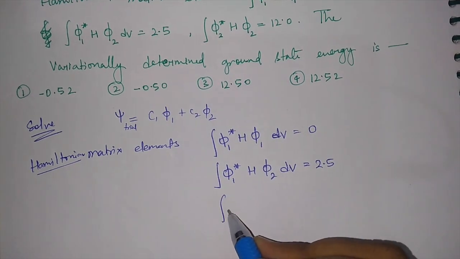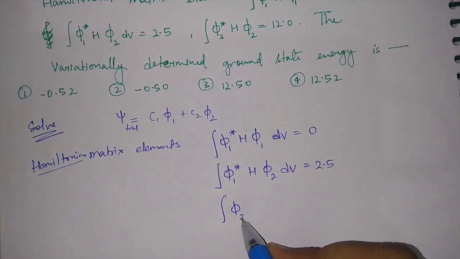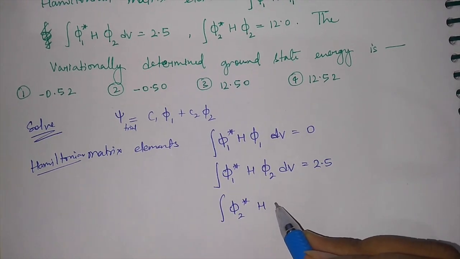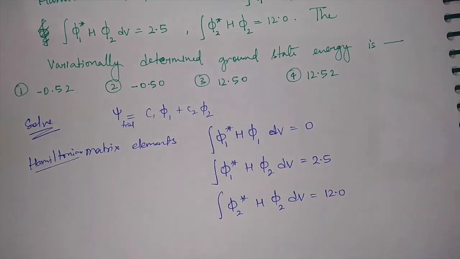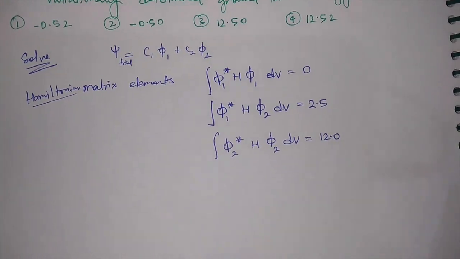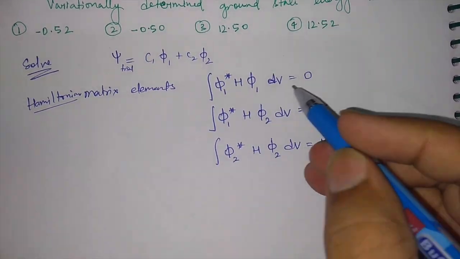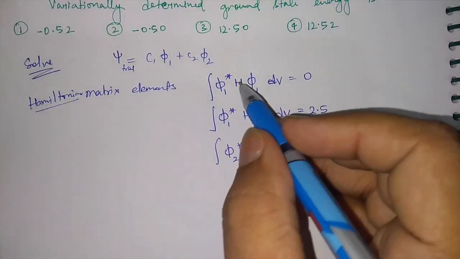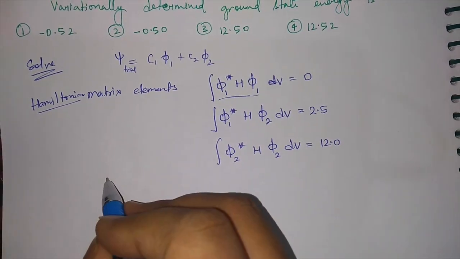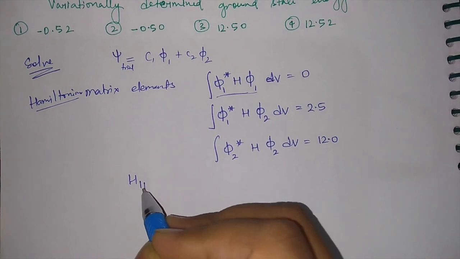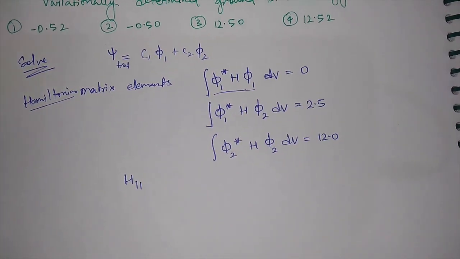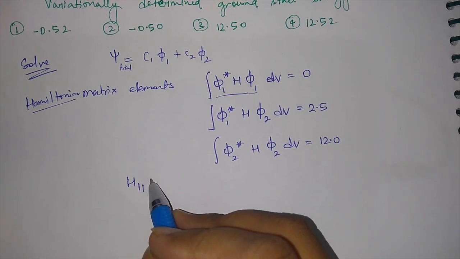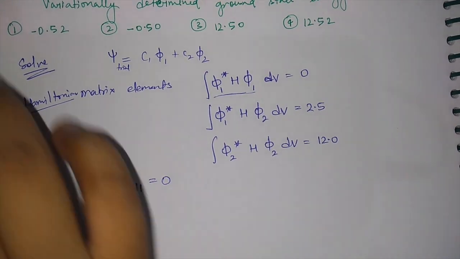And then phi 2 star H phi 2 dv is equal to 12.0. So these are the values given to you. Now I'll write them in the simplest form. H11 means H is calculated between phi 1 and phi 1, so that's why it is H11. It's 0.